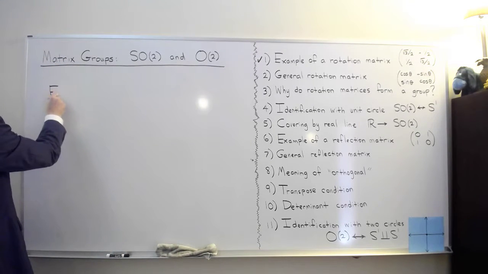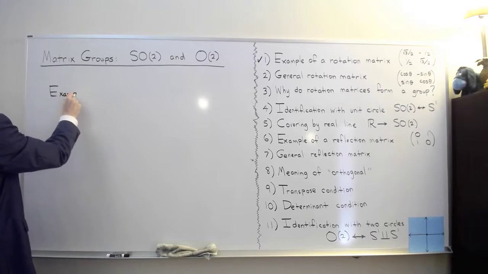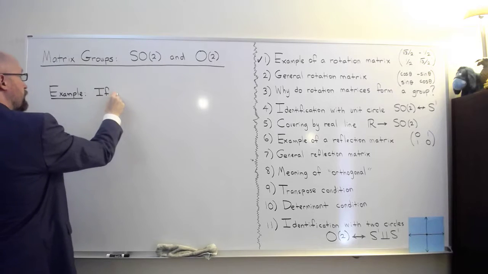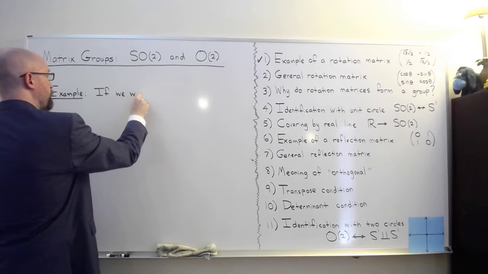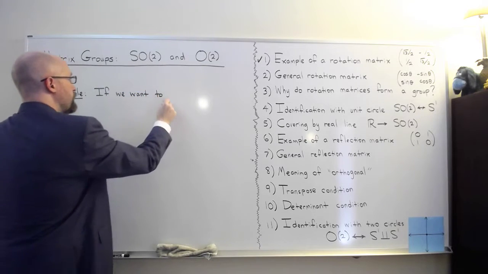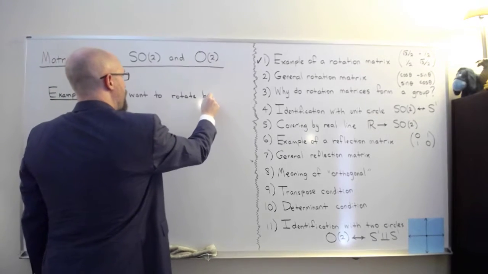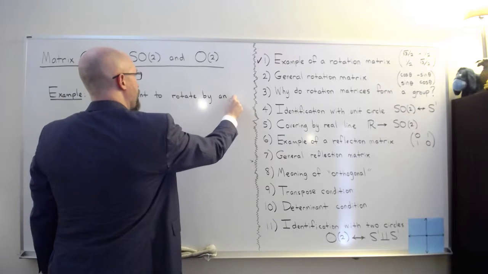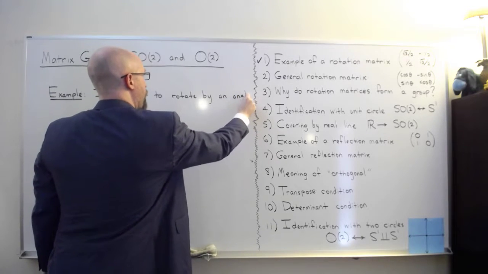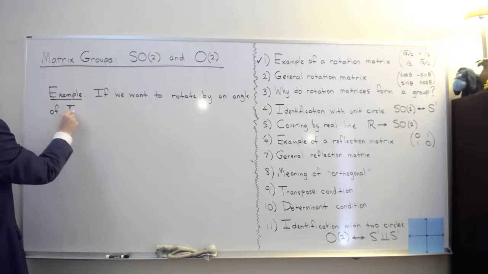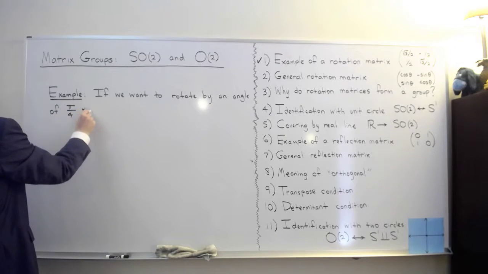So, for example, if we want to rotate by an angle of pi over 4 radians now.